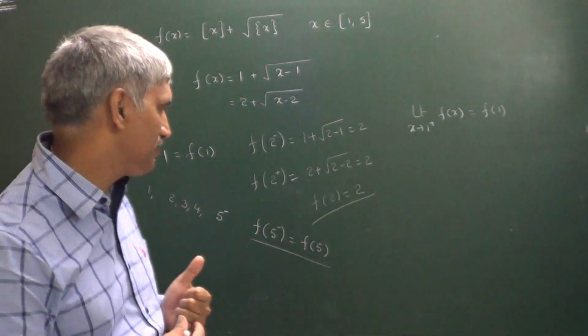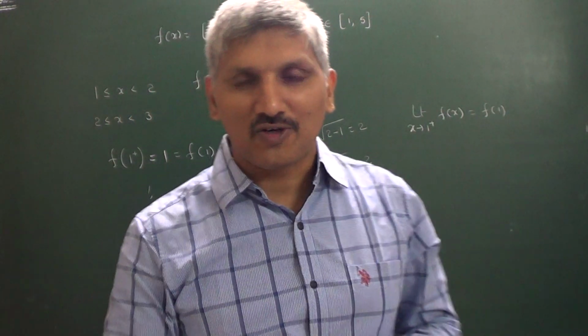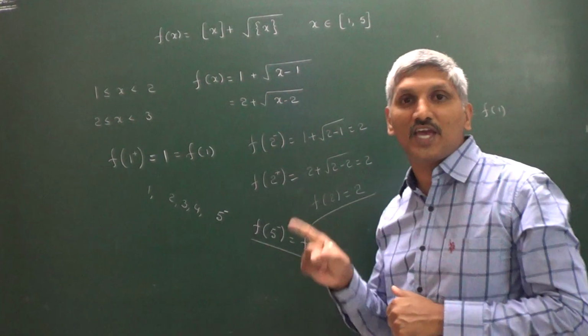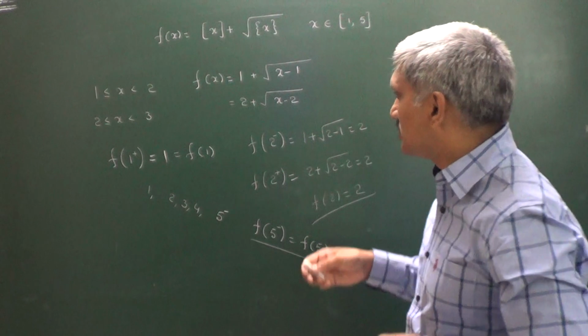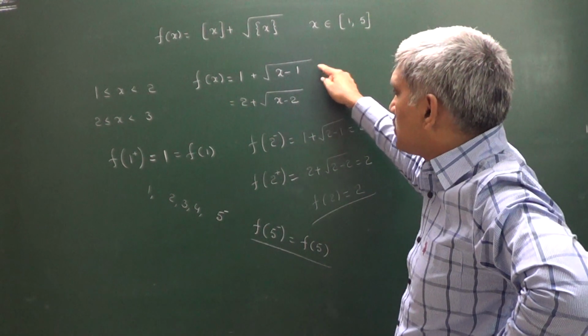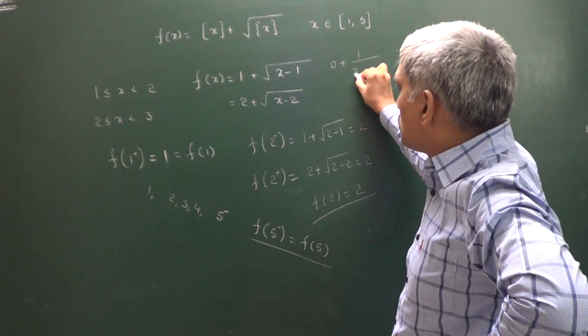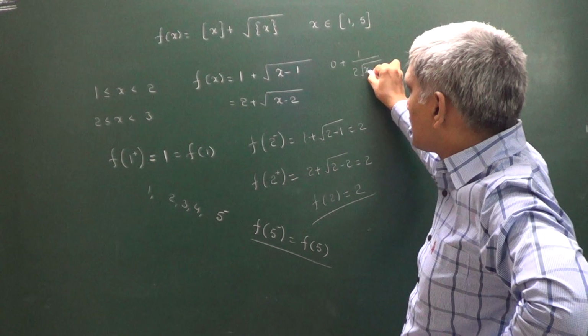At the same time the function is not differentiable at x equals 1, 2, 3, 4, 5. The reason is, you can check. What about its differentiation? 0 plus 1 by 2 into root of x minus 1.